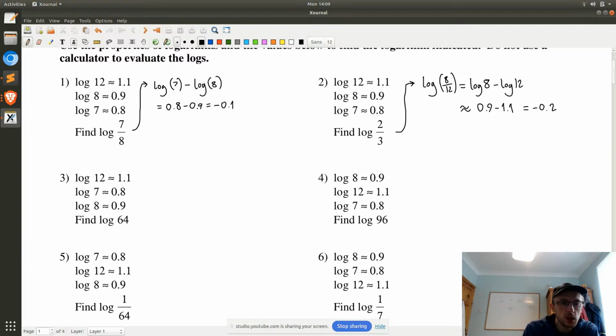Here, log of 64. Now 64 is 8 squared, and thus this is equivalent to the log of 8 squared. The power law of logarithms means that I can move that 2 to the front. So it's 2 times log of 8, which using the approximate figures here is 2 times 0.9, which is exactly 1.8.